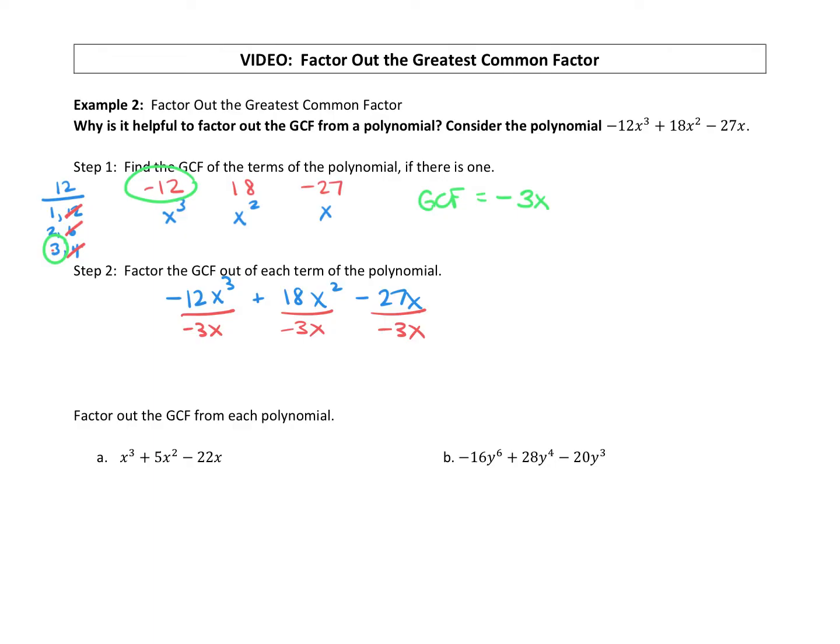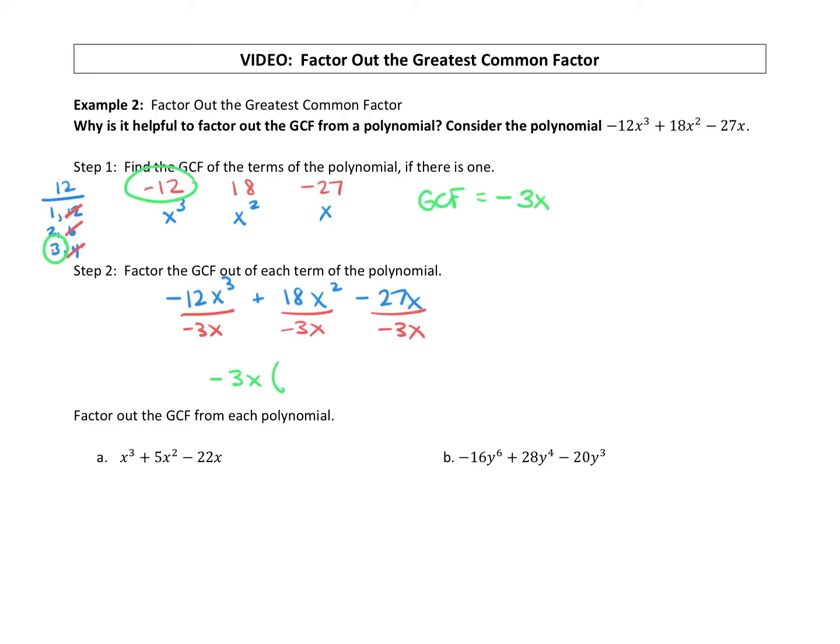When we do this, we are going to write the GCF down and put a parenthesis after it. I'll explain the structure after we simplify this. But you always write your GCF, then a parenthesis. And then what goes inside our parentheses is what we have after factoring that negative 3x out of every single term.